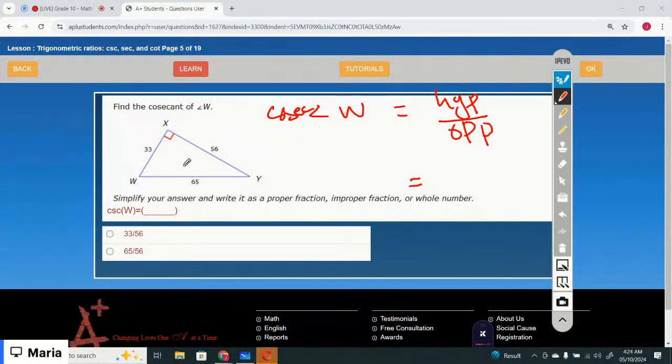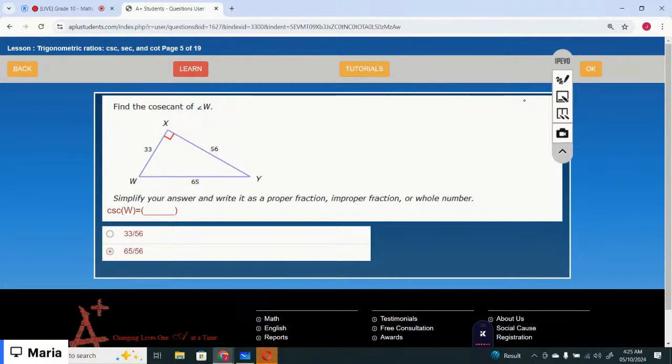That is 65 over 56. Option number 2 is the correct option, right? That is 65 over 56.